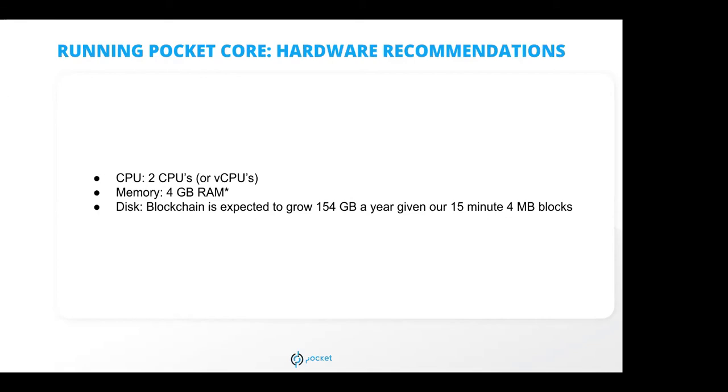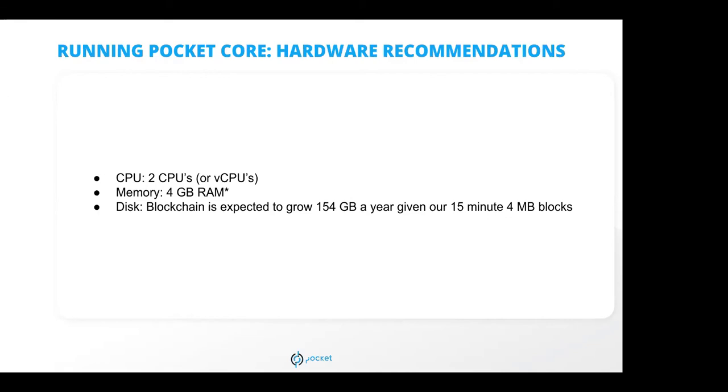The 4 GB recommendation comes from a number: when your node, only your node, not the entire network, handles 500 million API requests in a single session, in this case a single hour, you're going to consume 3.75 gigabytes of RAM in that particular moment.